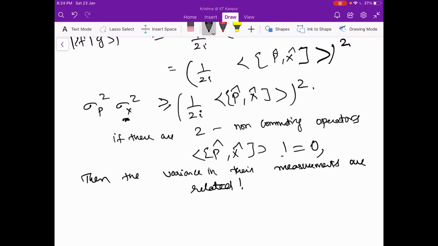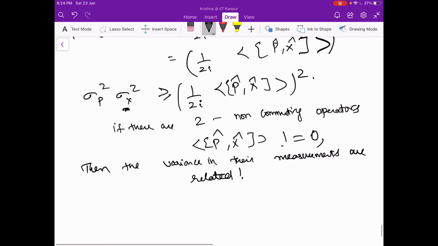Because the other side is non-zero, right? So this is the famous Heisenberg uncertainty, which we know for p and x, but it is true for any non-commuting operators. So if you have two non-commuting operators, you will always have this relationship between the variances in their observables.